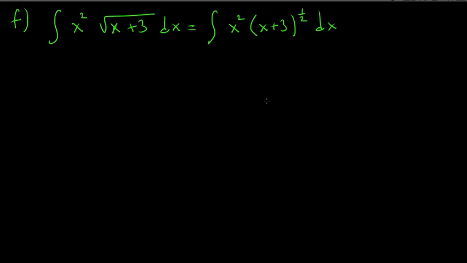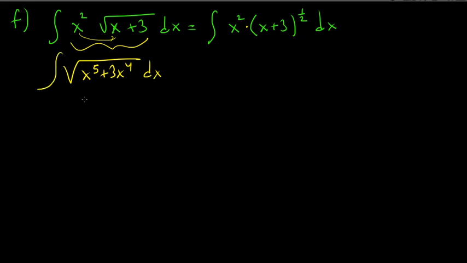So no problem there. But now we have a problem because this is a product. You're multiplying these, but there's no product rule. And there's no easy way to multiply this out. You can bring the x squared inside to make it x to the 4th, so you can simplify this as x to the 5th plus 3x to the 4th.